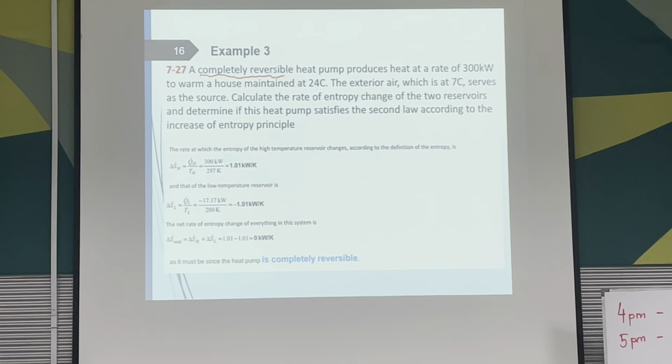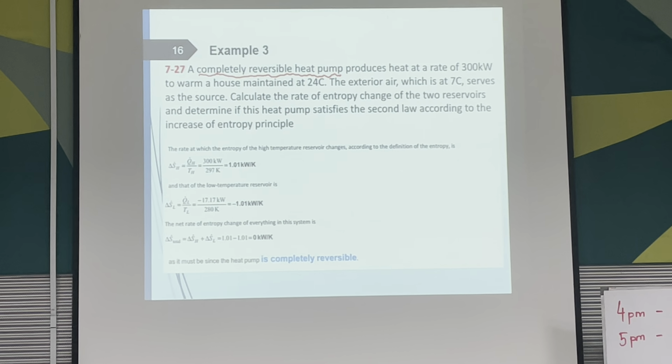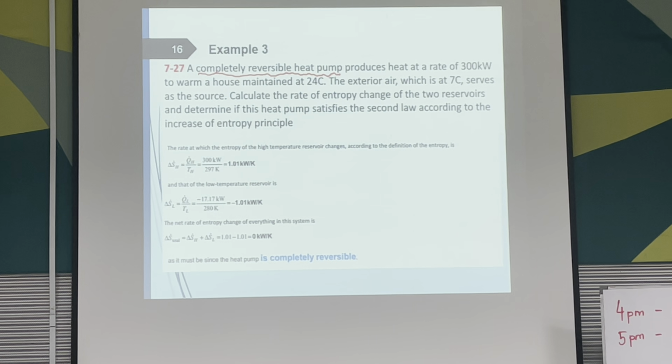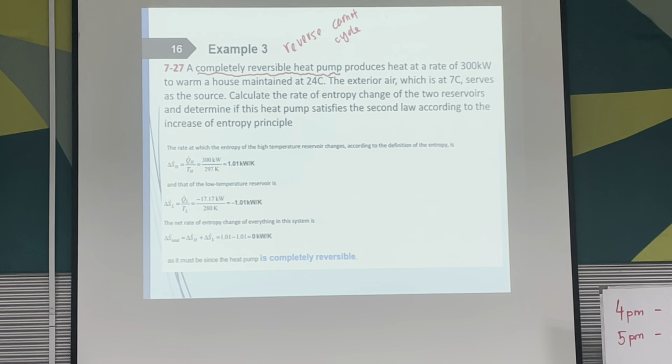The keyword that you see here is a completely reversible heat pump, meaning we are talking about a reverse Carnot cycle here, or a reversible heat pump that runs on the reverse Carnot cycle, which produces heat at a rate of 300 kilowatt to warm a house. So let's say if you have the heat pump here, this is 24 degrees Celsius, it draws heat from 7 degrees Celsius.